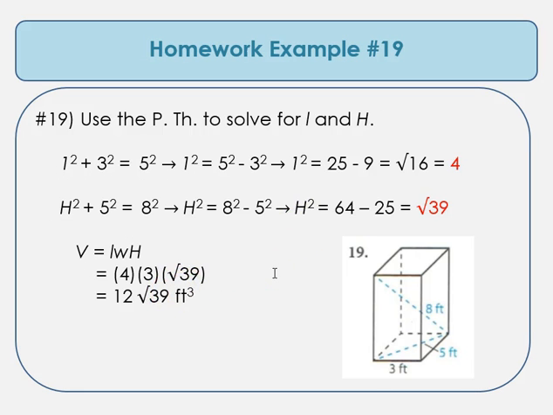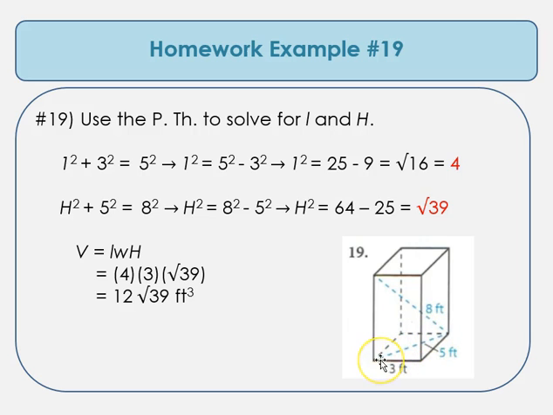Number 19. This is a little difficult visually, so I'm going to help you solve. We're going to use the Pythagorean theorem to solve for the slant height and the height. Looking at this figure, you can see that they have two dotted lines.